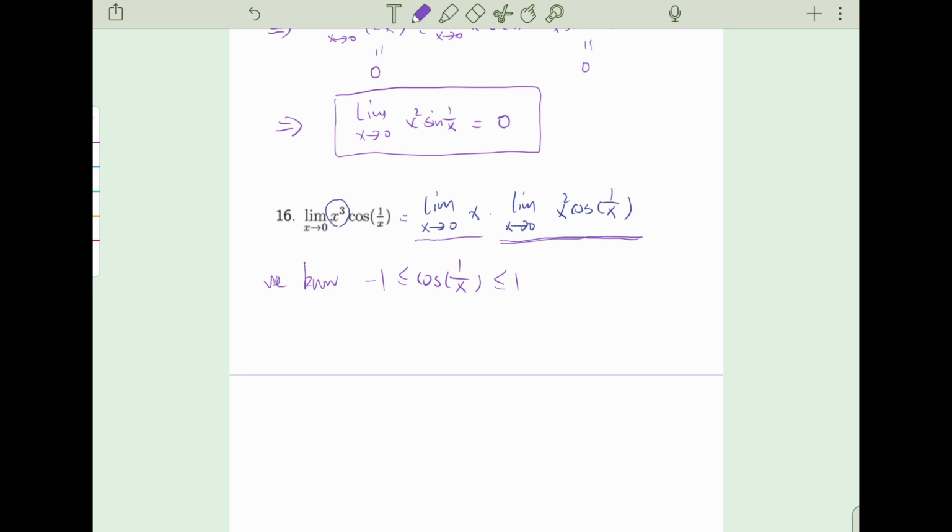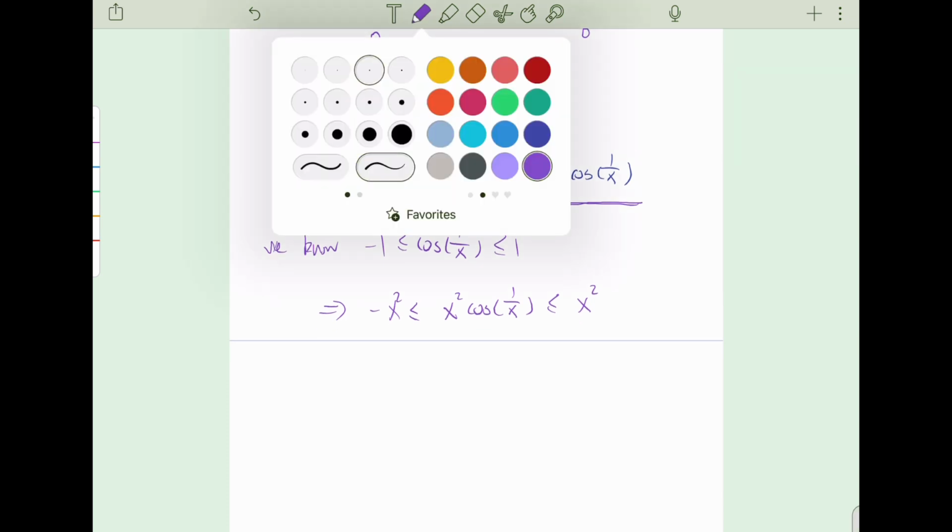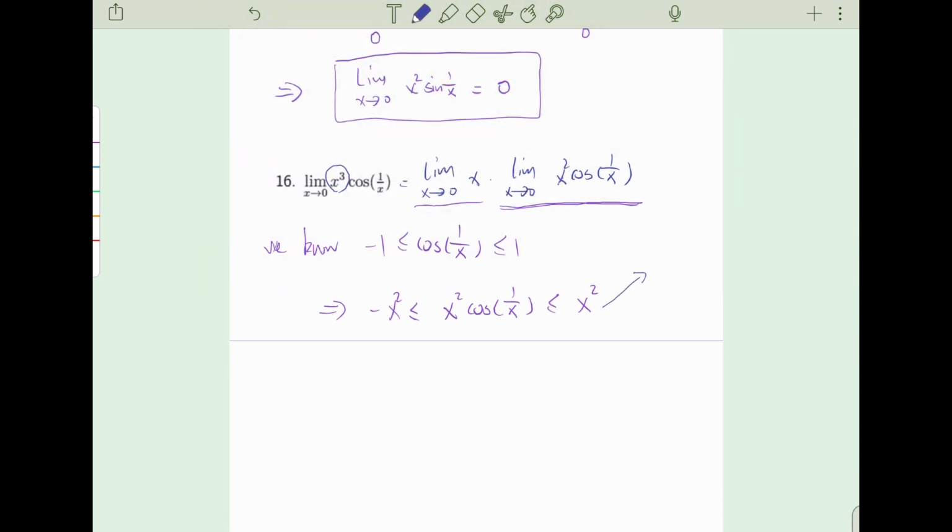Okay. The second limit here has the square, so I can multiply the x squared on both sides as before. So it keeps the direction of the inequality. So I have x squared cos 1 over x less than x squared, by multiplying x squared on both sides, multiplying through the inequality. And since this upper bound goes to 0 and lower bound goes to 0 as x goes to 0, right?